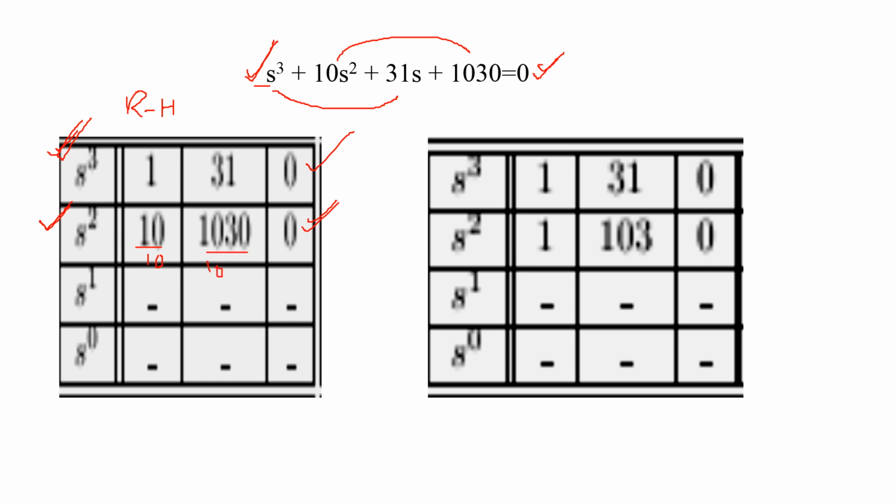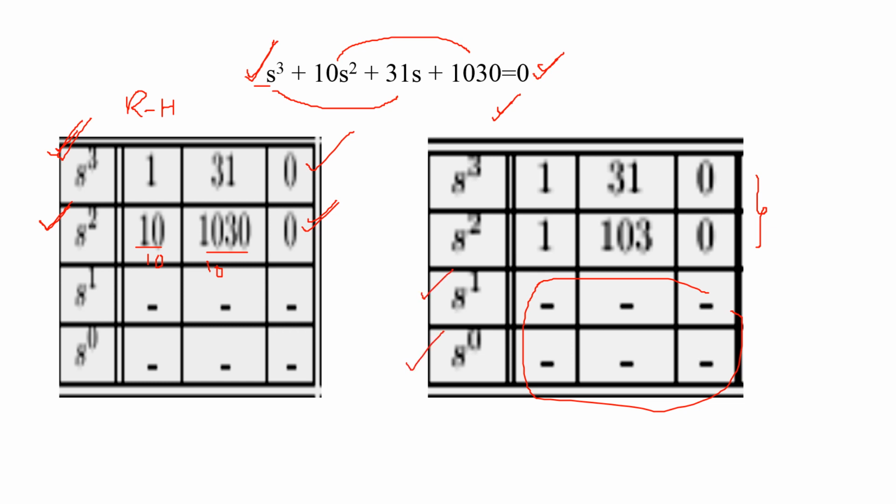Then we get this RH table: for s cube, 1 and 31, and for s square, 1 and 103. Now by using these two rows, we have to complete the remaining two rows, that is s power 1 and s power 0.